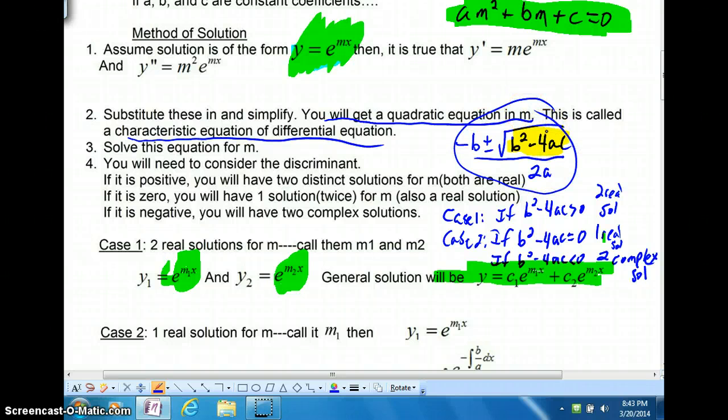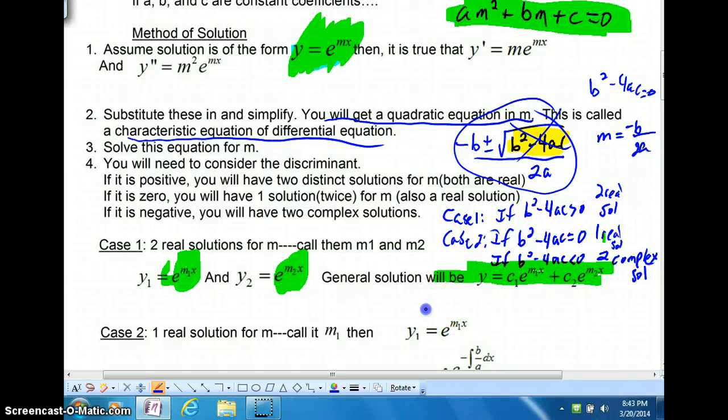If that argument of the radical was 0, if b squared minus 4ac were to equal 0, m would have to equal opposite b all over 2a, because that whole radical would disappear. You'd have opposite b plus or minus 0 all over 2a. So that would be your one real solution.